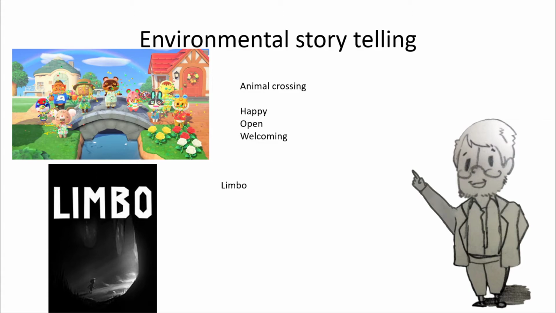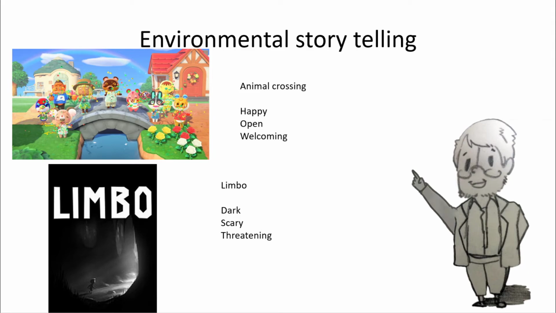In contrast, if we take a look at the image for Limbo, we have a dark, scary, threatening environment where the character is enclosed and seems to be almost a little claustrophobic. By deciding on these artistic styles, you help to evoke a mood in the player.